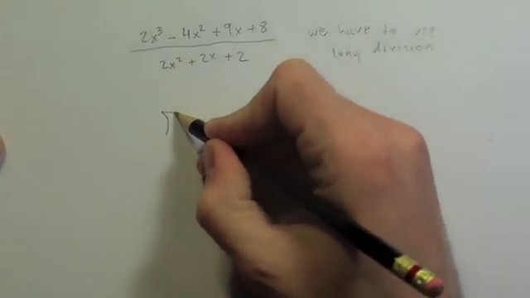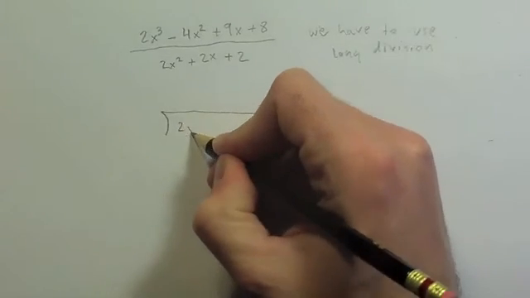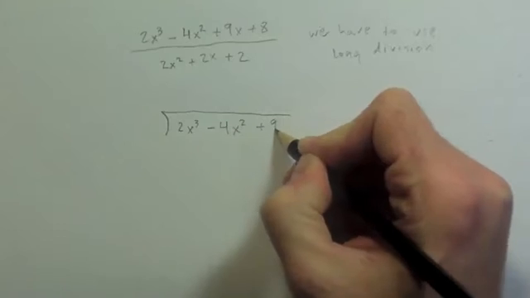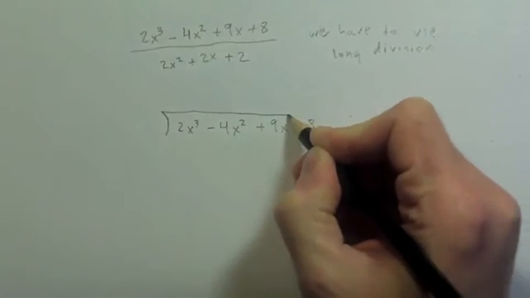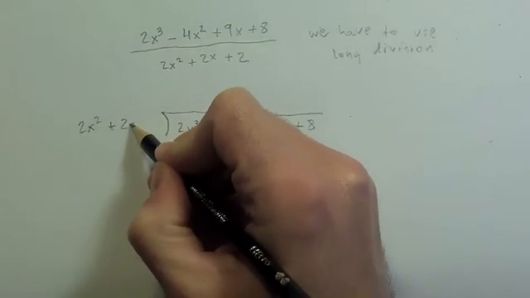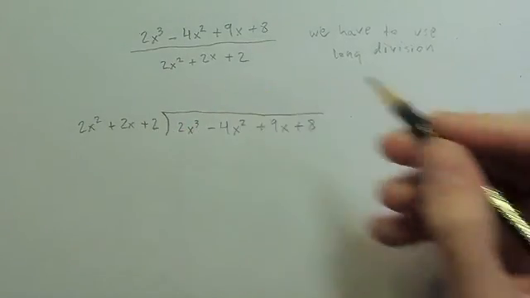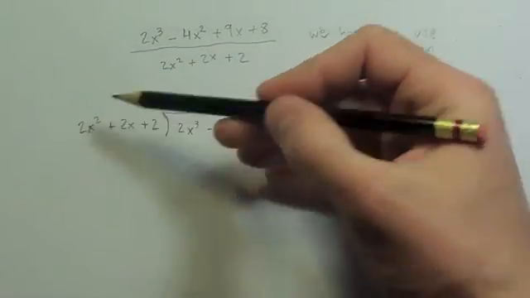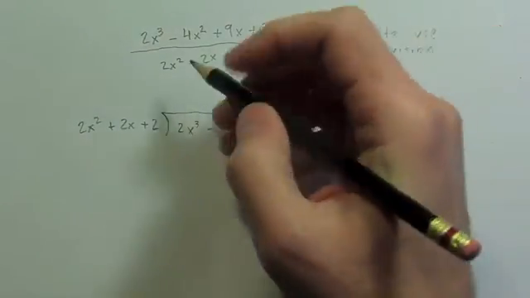Since we have to do long division, let me set that up. I have my 2x cubed minus 4x squared plus 9x plus 8, and we're dividing it by 2x squared plus 2x plus 2. Now I need something I can multiply the 2x squared by to match this 2x cubed.